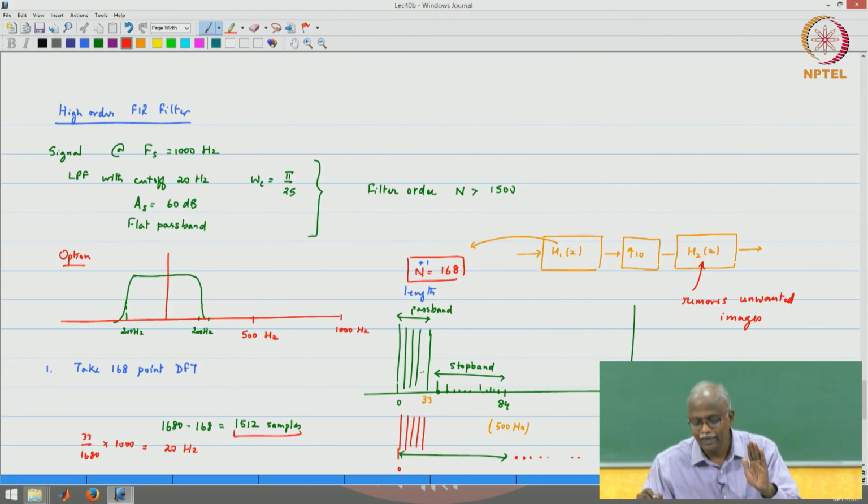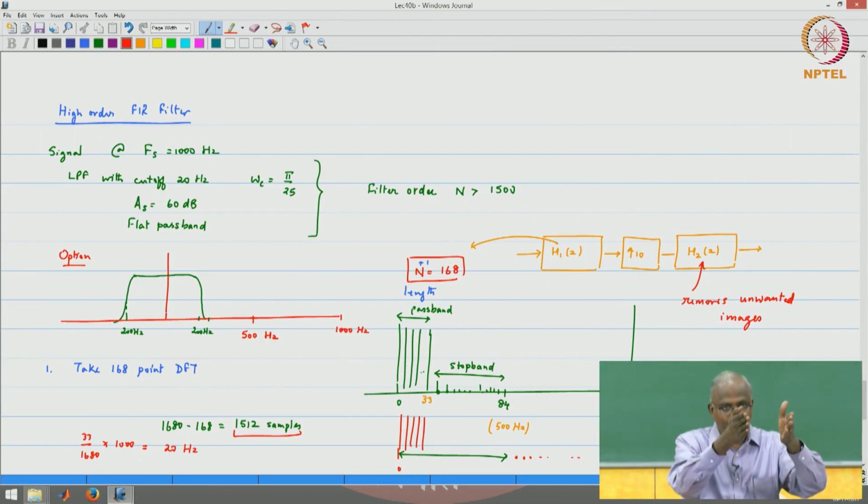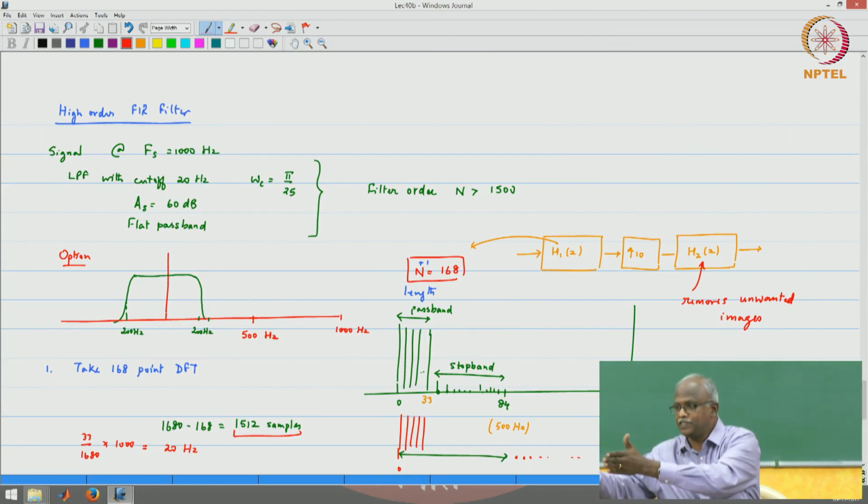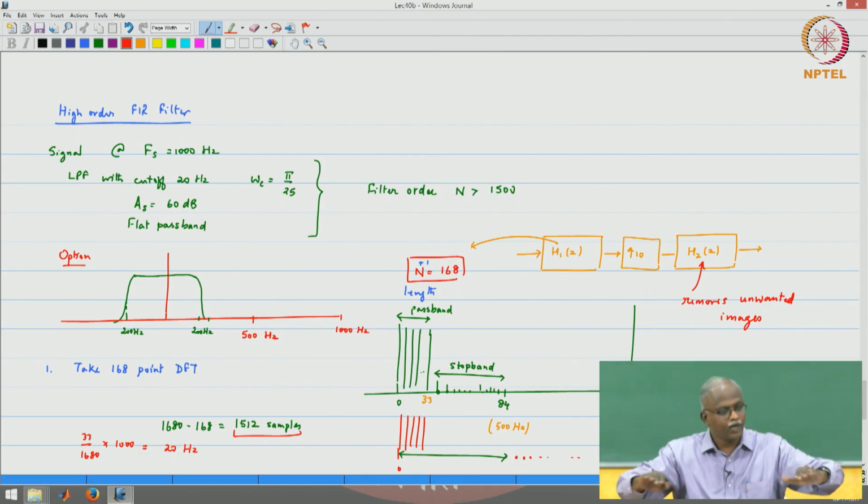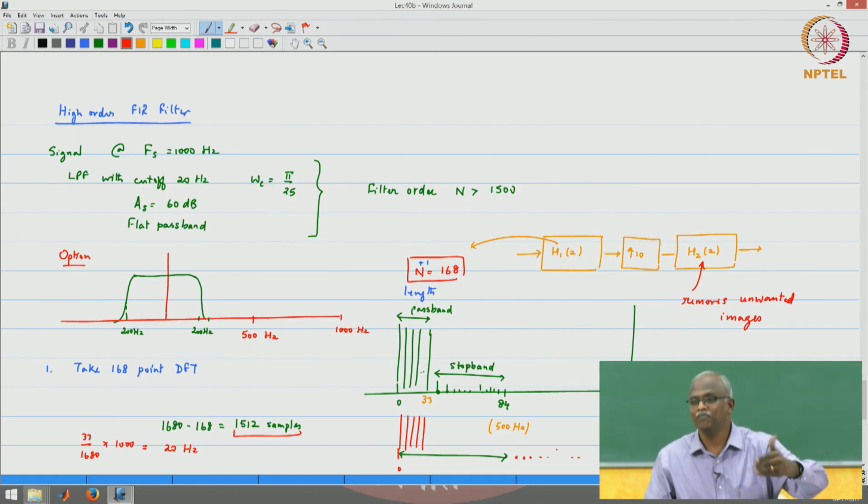In the frequency domain, it was going to have these 10 copies of the signal, and this low pass filter would remove those unwanted copies. What did you do here? You didn't even allow those copies to come in.